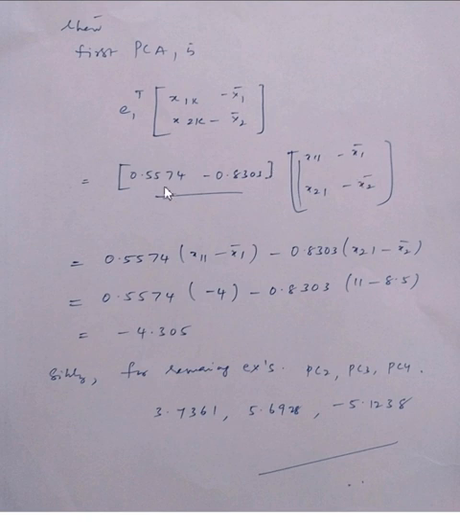We can substitute it and we'll get this equation. We already know the values of x11 and x1 bar and x2 bar, and finally we'll get the first principal component as minus 4.305. For the remaining we have to calculate, and we will get the values like pc2, pc3, pc4.